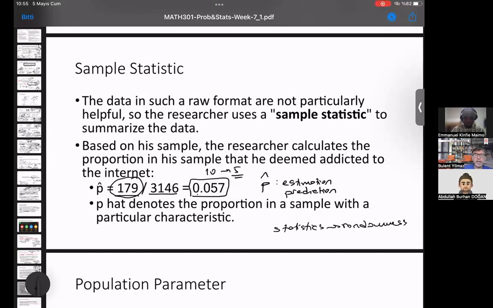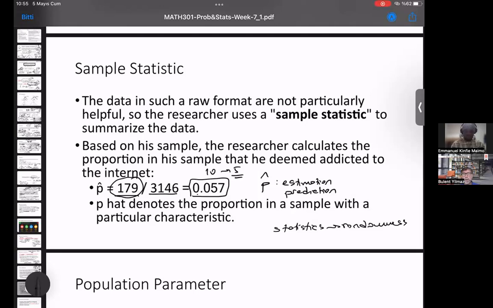You cannot just say, what's the average GPA of students? You can go to the UIS account and ask Fikri Bey to tell me the average GPA of AGÜ students. I can do that. But what's the average GPA of all college students in Turkey?